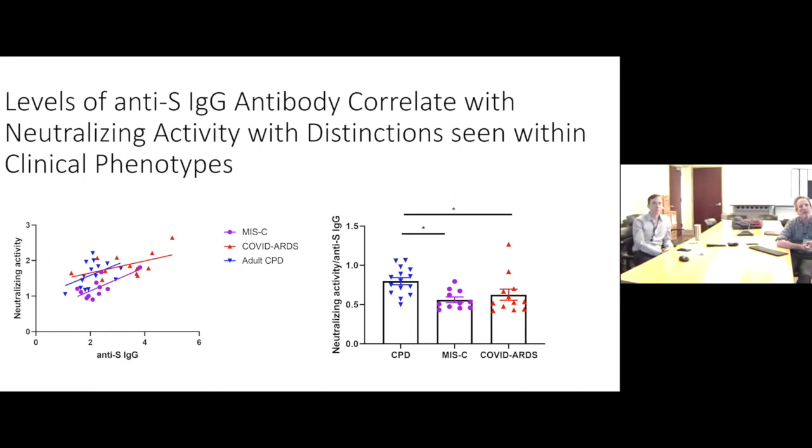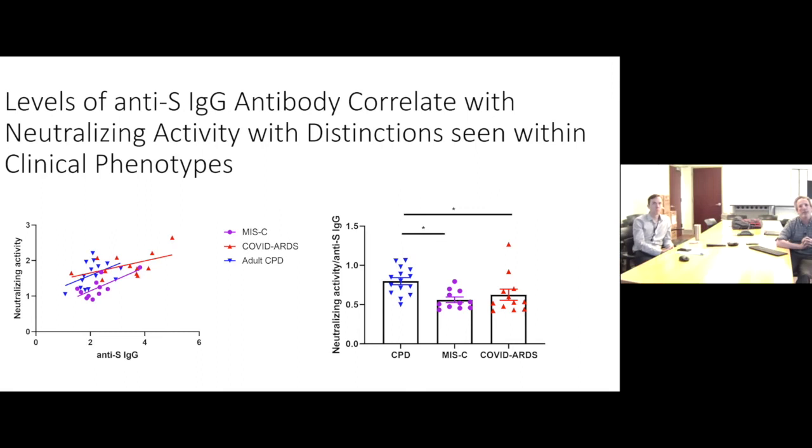But one thing that's quite apparent looking at the correlation line is that the relationship is a bit different for the MISC patients, where the y-intercept is significantly shifted downward, suggesting that for a given level of anti-S IgG, there is less neutralizing activity.